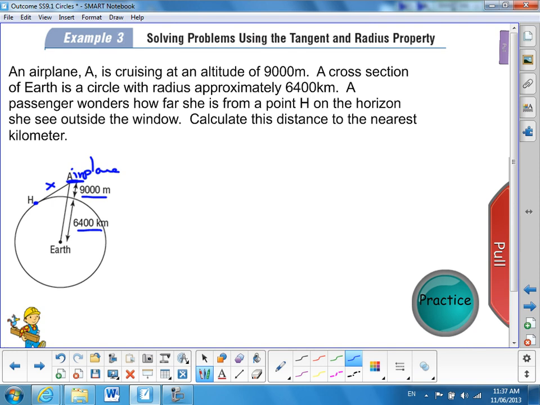All right, so if we add another line in here, we can create a right triangle. This point H is a point of tangency. It creates a 90-degree angle, so we do have a right triangle. We're going to redraw it and relabel it, just to make sure we have all the dimensions.